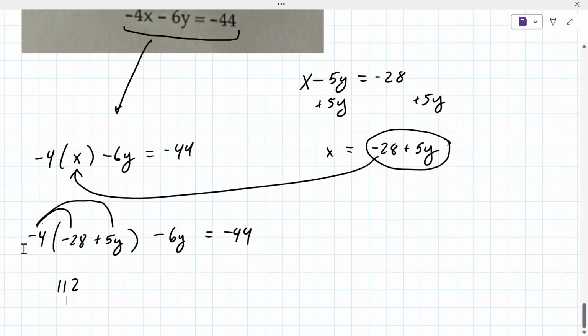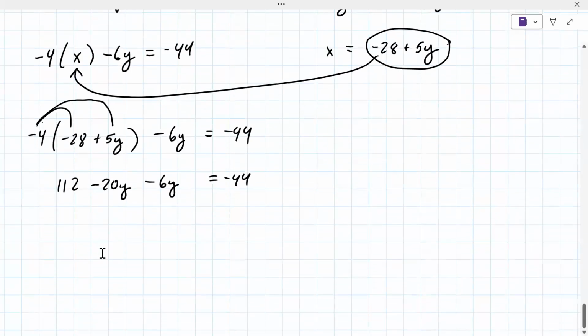But it's negative here. A negative times a negative makes a positive. Negative times a positive makes a negative. So -20y minus 6y equals -44.